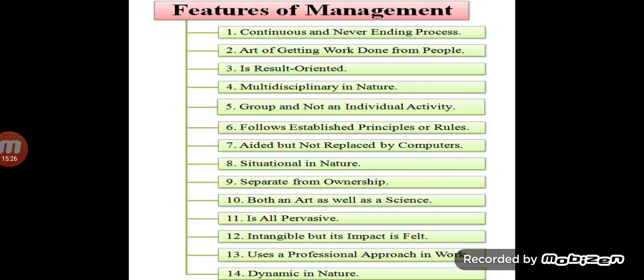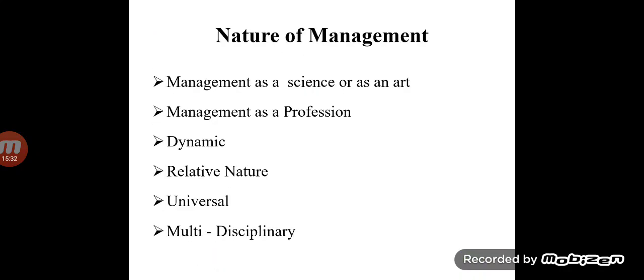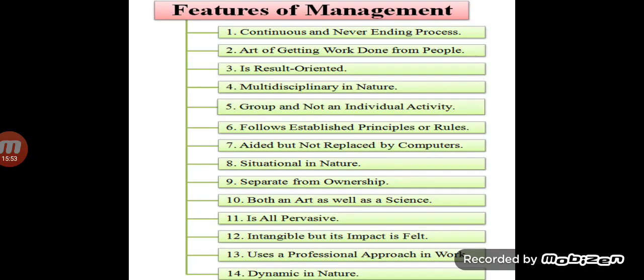Whatever points you mention for the features of management, you can mention here also. The meaning of nature, features and characteristics is the same. So whatever question comes in your examination, like nature of management, features of management or characteristics of management, the answer is the same. What is the answer? The answer is these 14 features.